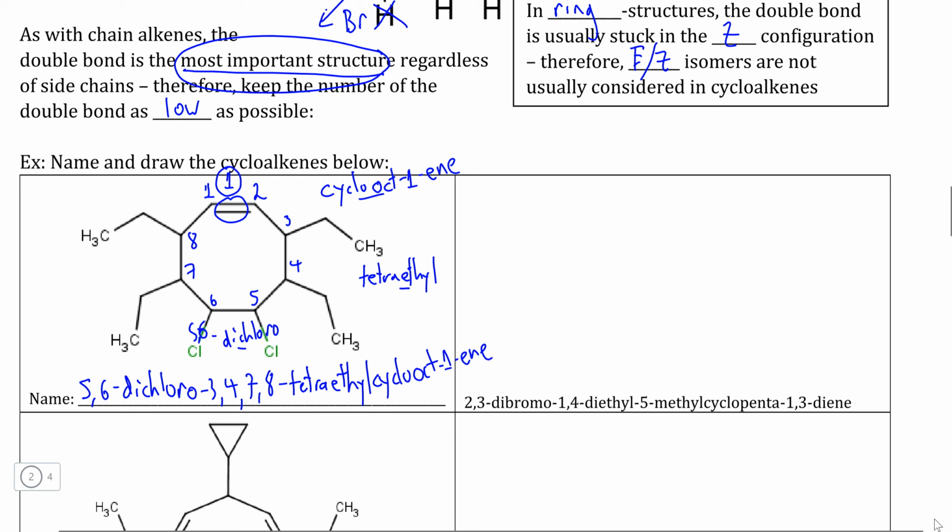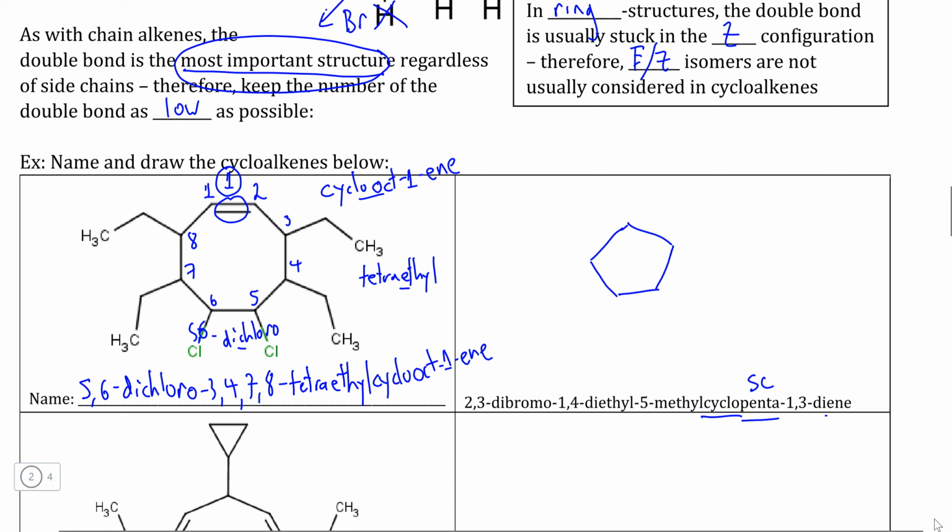And if we want to do an example where we take the name and derive the structure, we see that this is a little bit more straightforward with one possible trick. We are building a ring structure here, in this case a 5-carbon ring. So let's go ahead and draw our pentagonal structure for the base of our molecule.